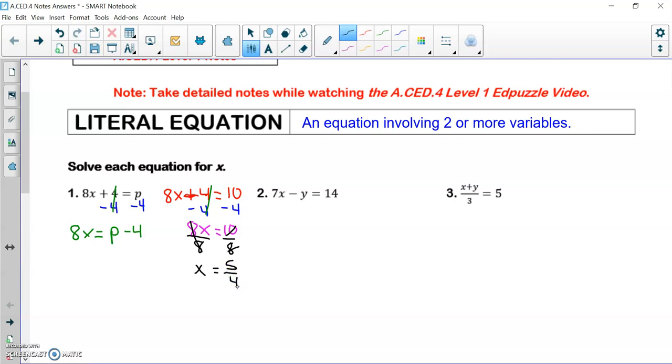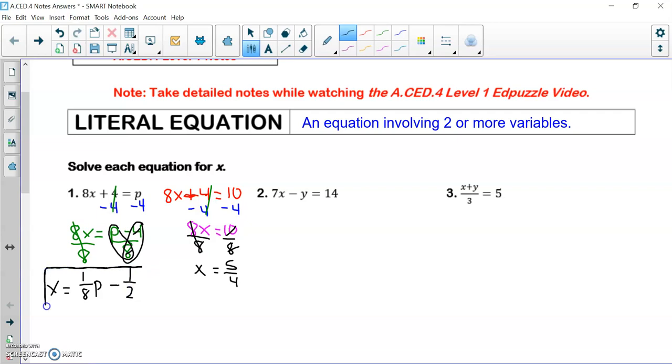Same type of thing in this literal equation. I'm going to divide by 8 on both sides, and now I'm going to simplify. I would have x is equal to p divided by 8, which is 1/8 p, minus 4 divided by 8, which, since 4 and 8 are both divisible by 4, I wind up with 1/2.